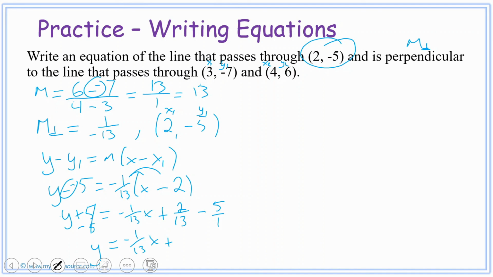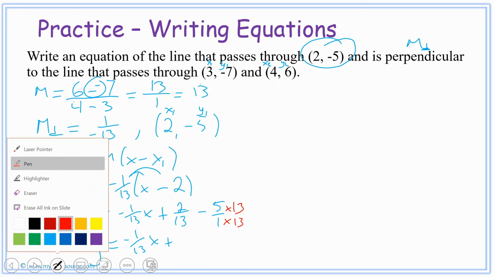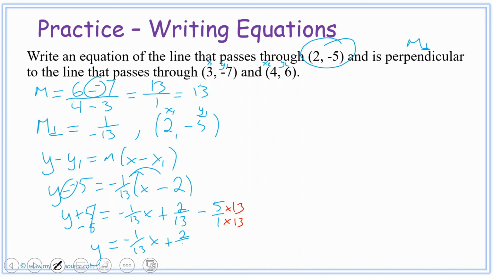Now we need to make the denominators the same, so I'll times this by 13 and also the numerator by 13. 5 times 13 is going to be 65. And so we're going to have here 2 over 13 subtract 65 over 13.